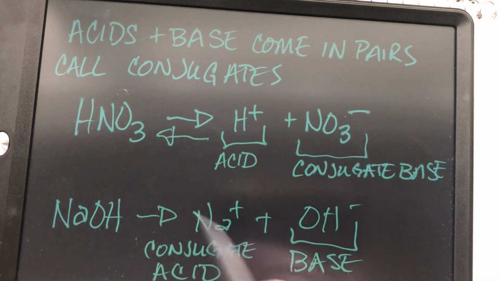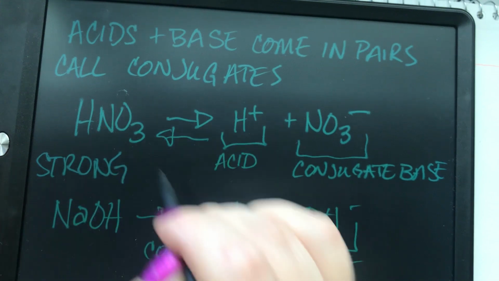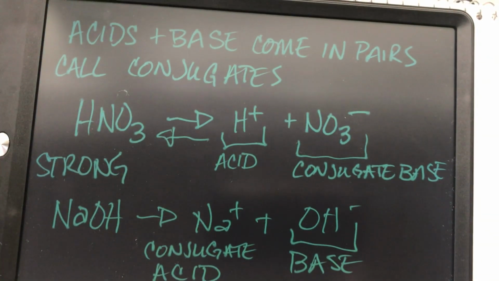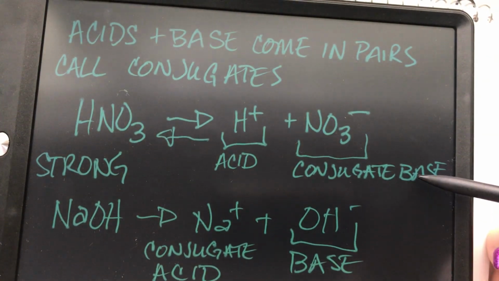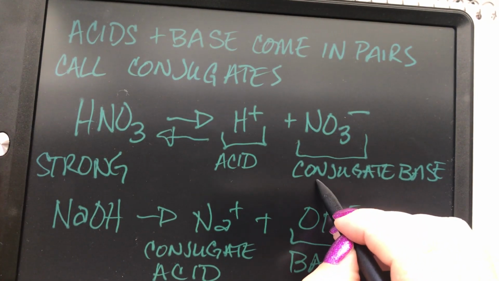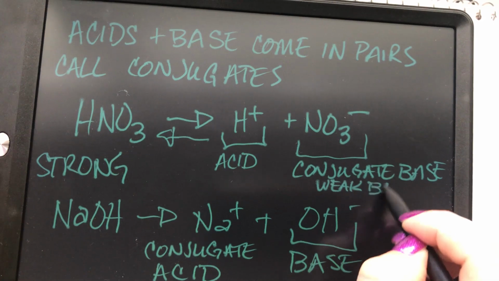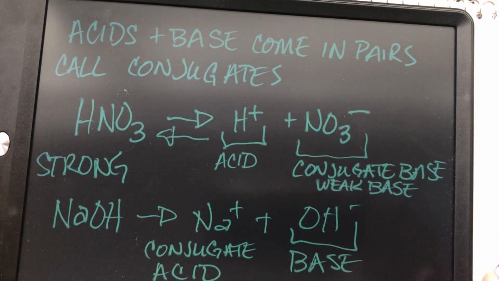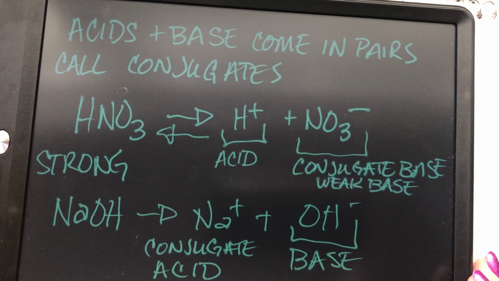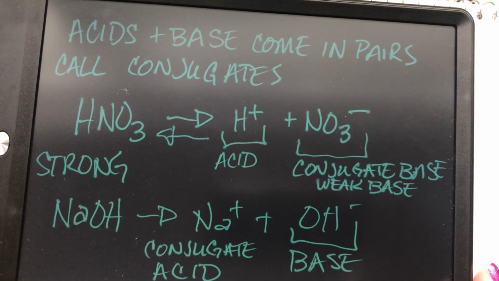Now, generally speaking, when you have a strong acid or base, the conjugate base or the conjugate acid are going to be very, very weak. Meaning that this guy is an extremely weak base, very bad at picking up protons.